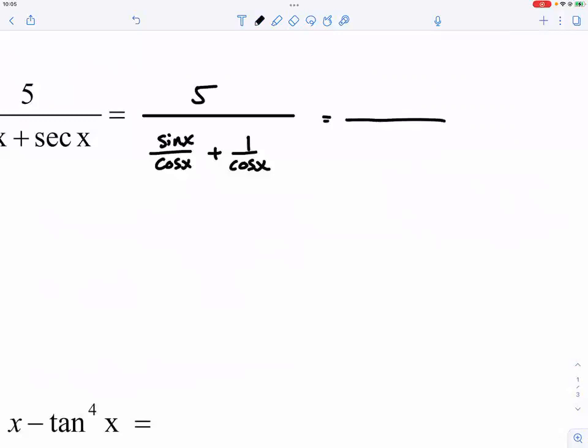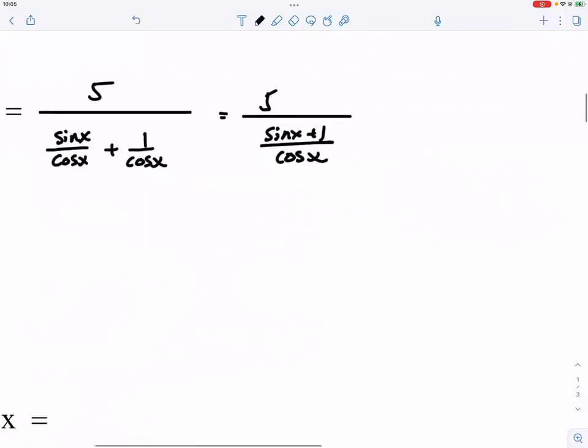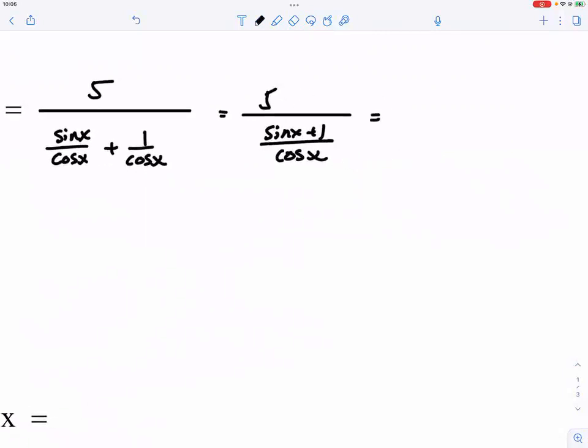Oh, I can see something. I can see that this is 5 over sine x plus 1 over cosine x. And then you would take care of the complex fraction. So you're like, okay, so what about 5 cosine x over sine x plus 1?